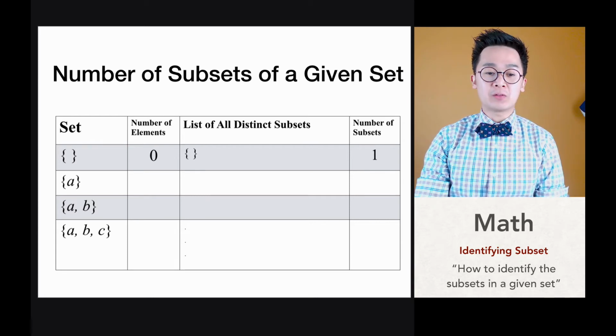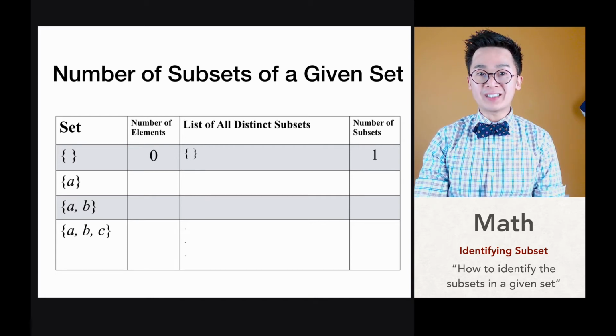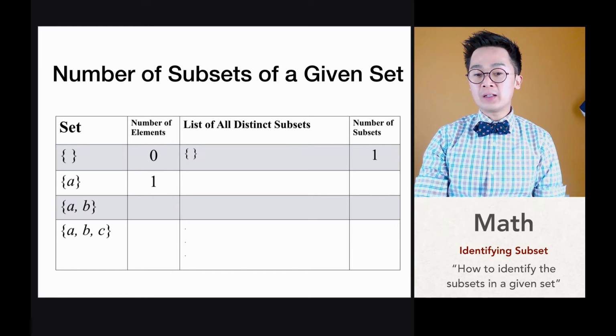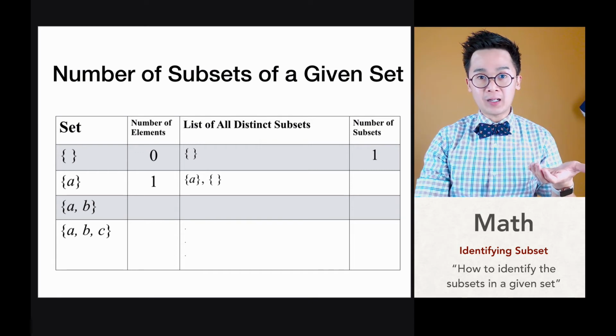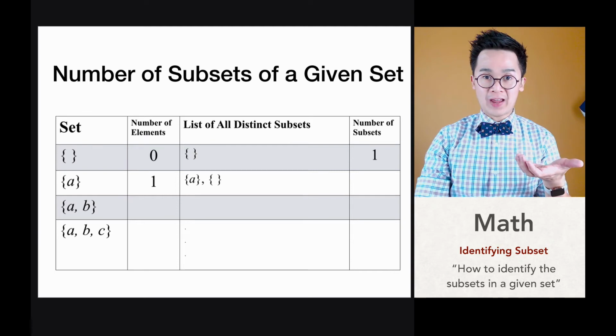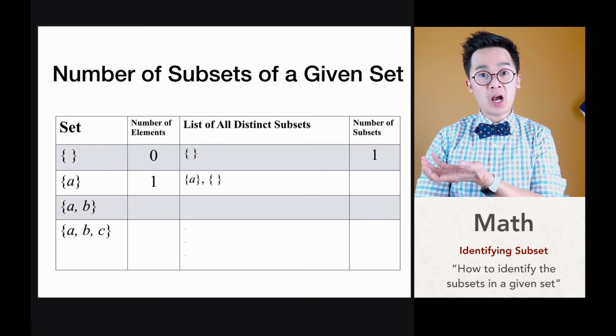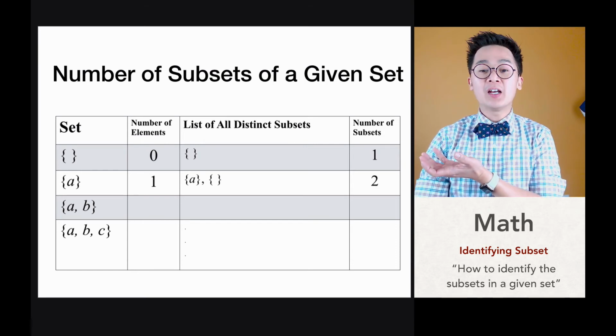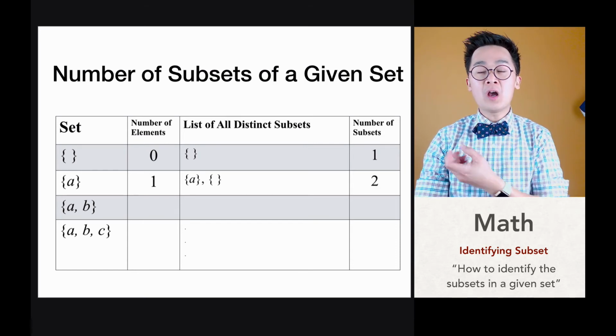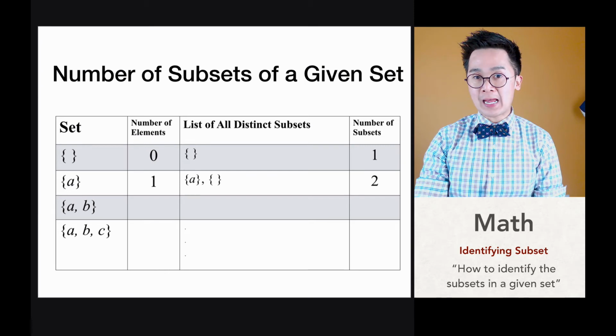And for the second row, we have 1 element, which is A. However, for the list of distinct subsets, we can count 2 subsets: subset A, which is the set itself, and then the null set, because the null set is always included as a subset. So here we have 2 distinct subsets for example number 2.